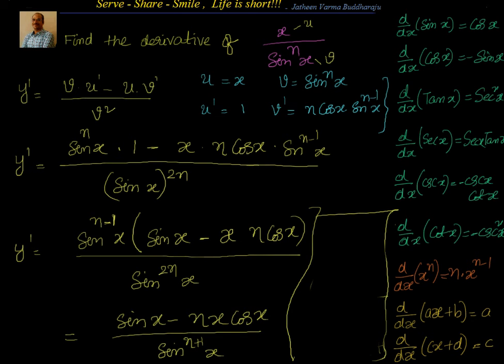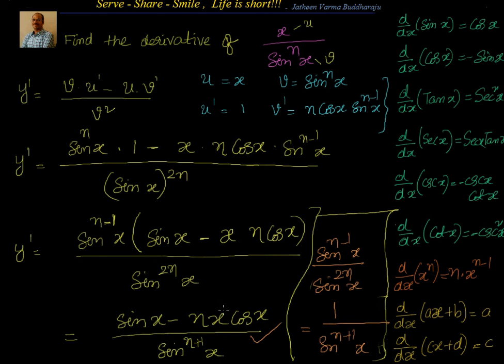But what we have done here is sine to the power of n minus 1 x divided by sine to the power of 2nx equals 1 by sine to the power of n plus 1 x. Just to understand that.